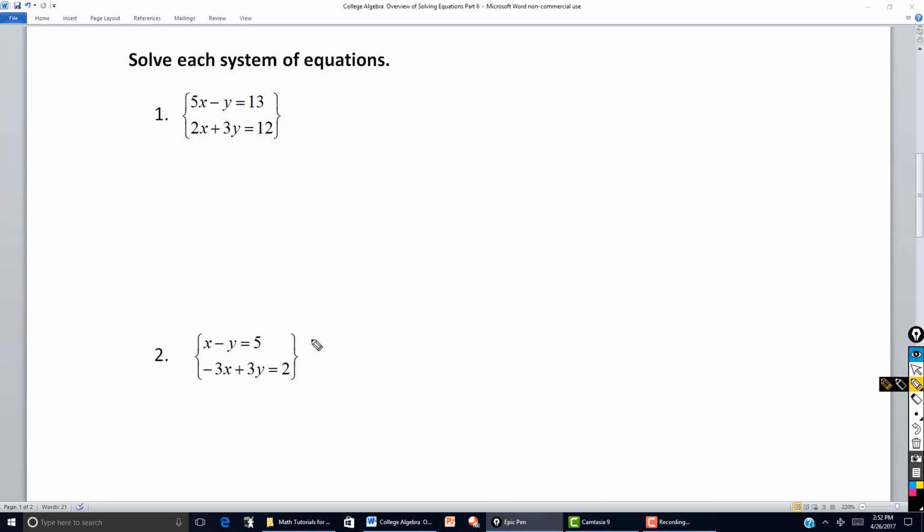Let's eliminate the x by multiplying the first equation by 3. So you multiply through. Now, if you want to go ahead and rewrite it over here, you can. Multiplying by 3, this becomes 3x minus 3y equal to 15. And then the second one stays the way it is.